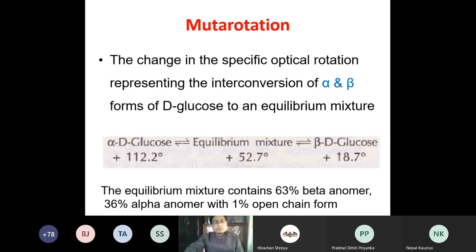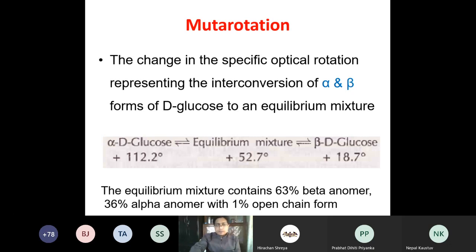That means in glucose powder, it is 112 dextrorotatory, that means 112 degrees to the right. But in the equilibrium mixture, it just rotates 52.7. This is due to the conversion of alpha to the beta form in the solution.